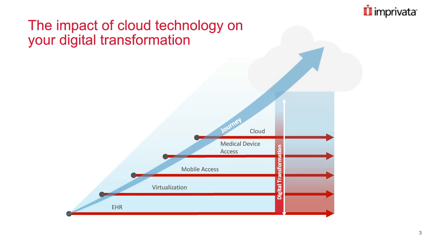But we're seeing other technologies come into the picture. To address those technology changes is exactly why we've enabled seamless access to medical devices with medical device access, and it's why we've enabled SSO on shared mobile devices with mobile device access. Multi-factor authentication continues to be a key part of accessing applications and security, particularly as users access technology from outside the hospital.